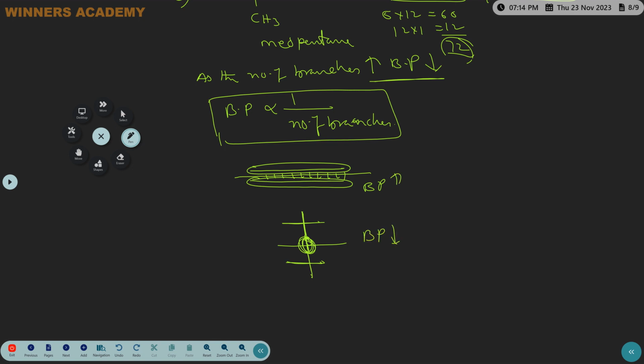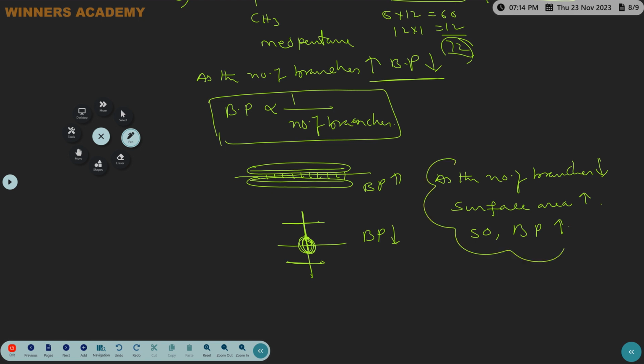So as the number of branches decreases, surface area increases, so boiling point increases. This is the reason.